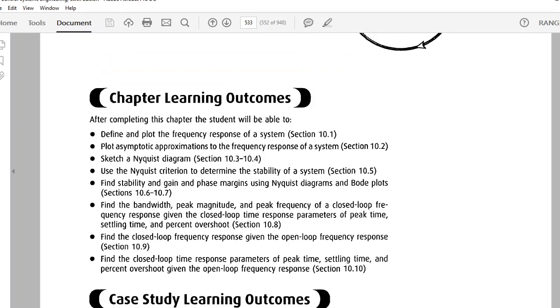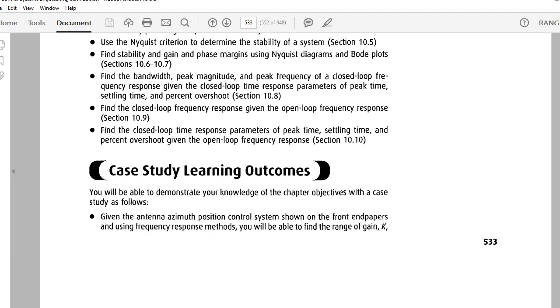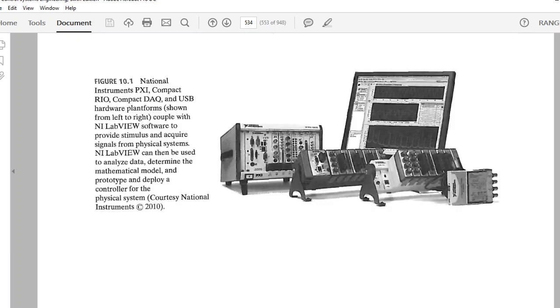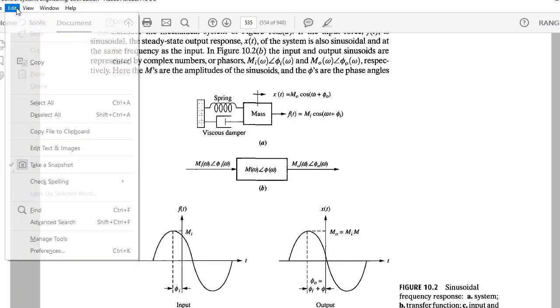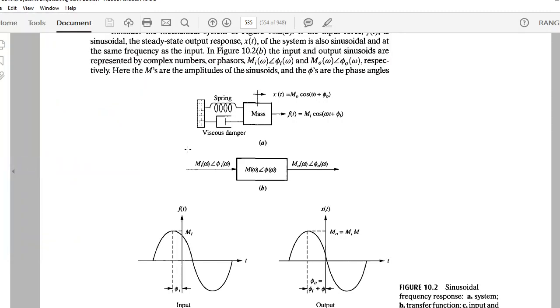And let's just have a look at what is the concept of frequency response. That's the first part we want to start on. So here, if you take any kind of a control system, let's take this as an example, or for that matter, any kind of control system that we have.